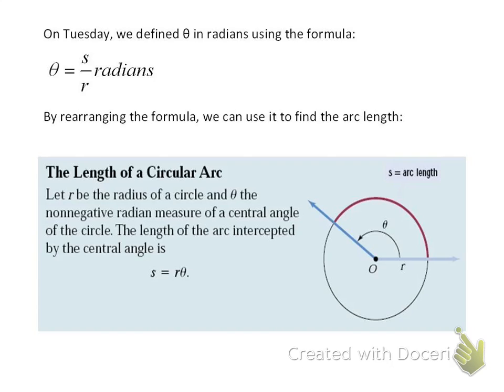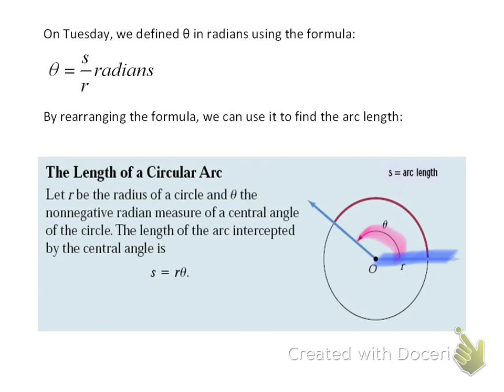So on Tuesday, when we first started talking about radians, we defined radians using the formula arc length divided by radius is the number of radians in the angle. What we're now going to do is rearrange that formula to use the number of radians in the circle and the length of the radius to find our arc length.